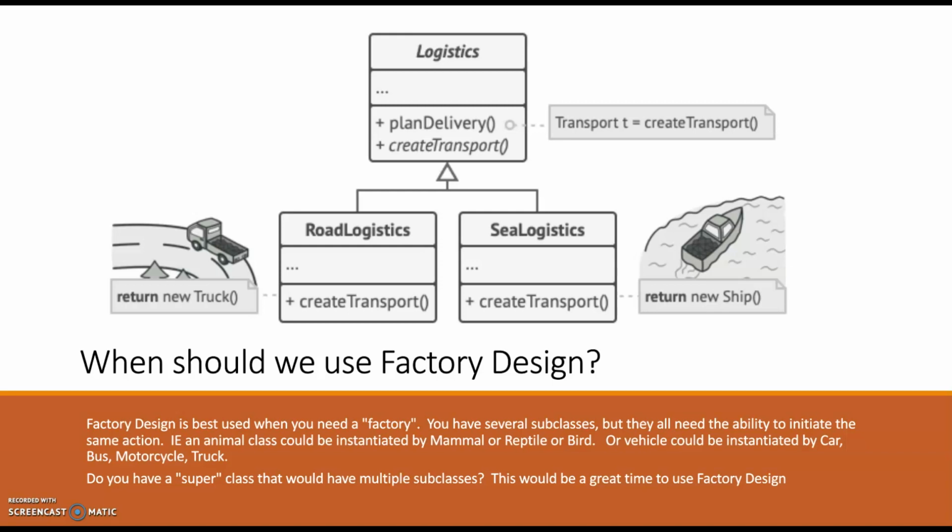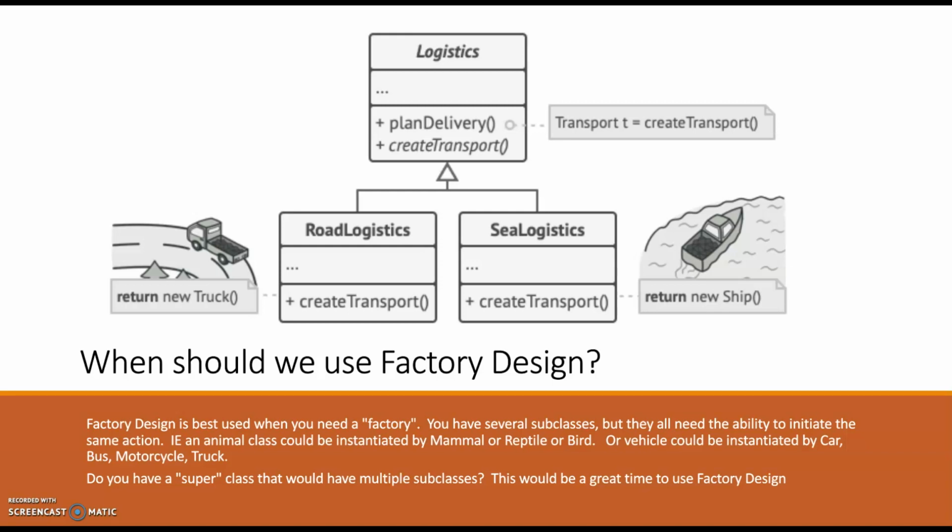I have another example up here where we have logistics, and they're trying to determine the transportation of goods either by road or by sea. Now, by understanding this, we can create transport, and we can tell it the road logistics can create a new truck, or the sea logistics can create a new ship, and we don't always have to say using logistics. Makes it kind of nice.